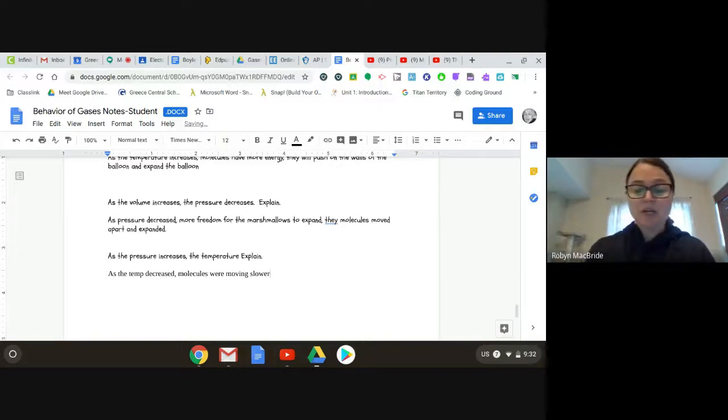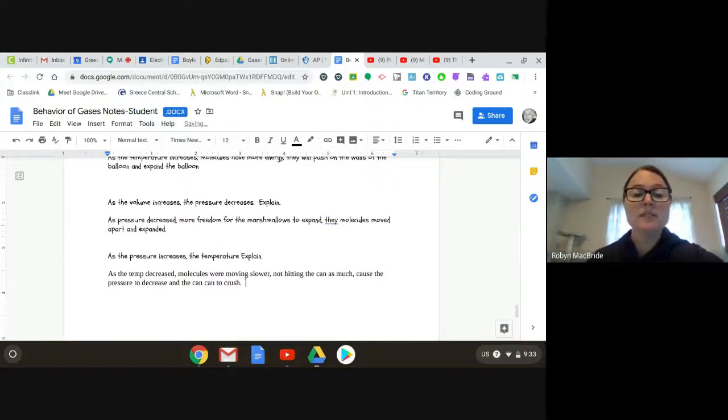They're not hitting the can as much, which caused the pressure to decrease and the can to crush. So as the temperature decreased, the pressure decreased. The opposite would also be true. As the pressure increases, the temperature increases.